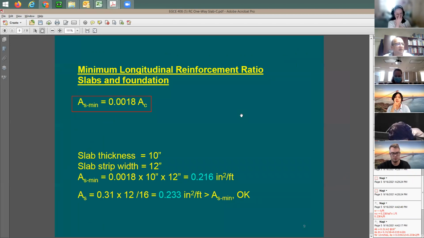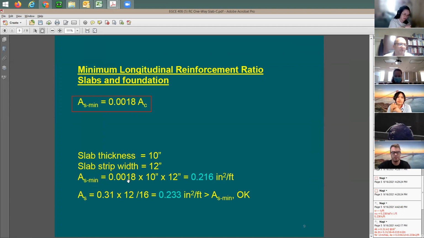Concrete slabs, minimum reinforcement is going to be equal to 0.0018 times the concrete cross-sectional area. This concrete cross-sectional area would include the total slab thickness, not the effective depth. So look here at the equation. Slab thickness, 10 inches. The width for the strip is going to be only 12 inches.